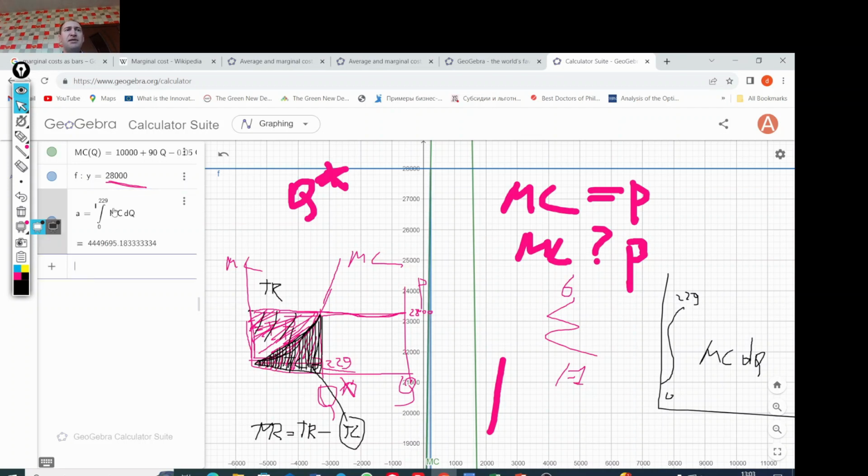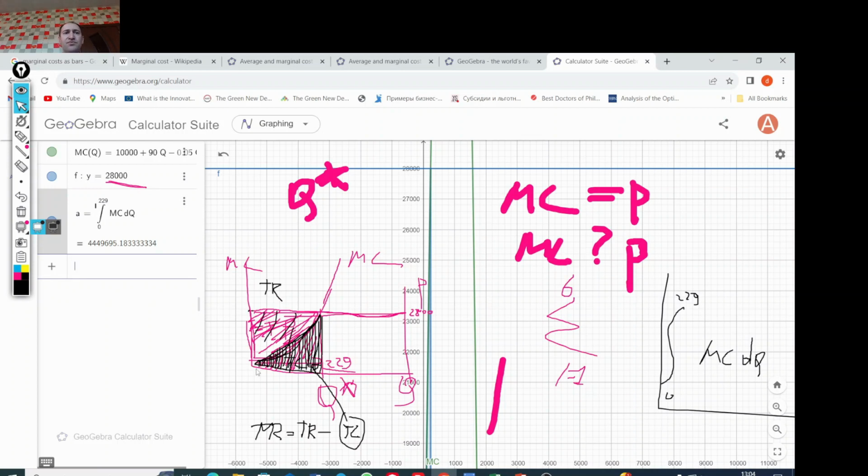That's the notation. We sum up the areas of these tiny bars of a tiny size delta Q in the range from Q of 0 to 229.